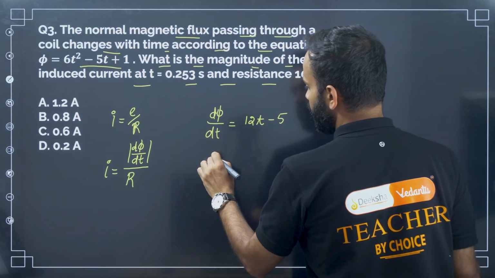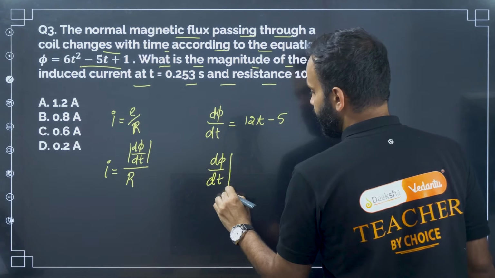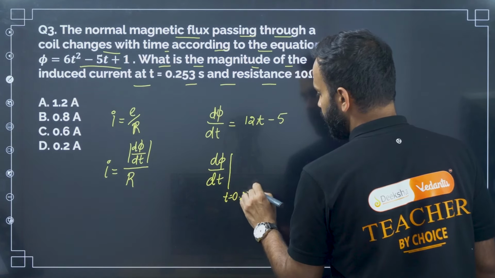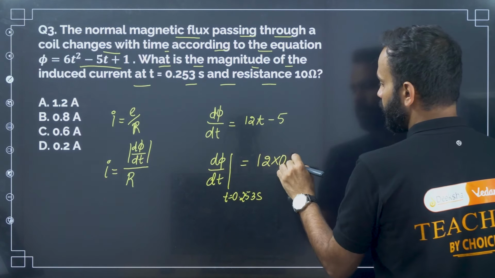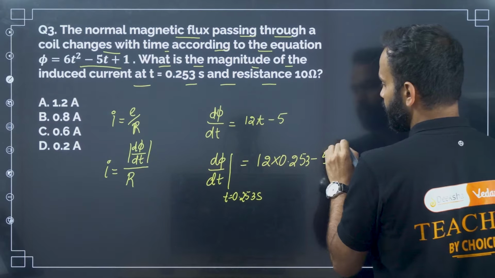So d phi by dt at time t equal to 0.25 second is equal to 12 into 0.25 minus 5.